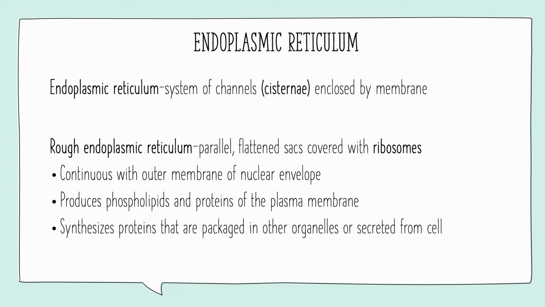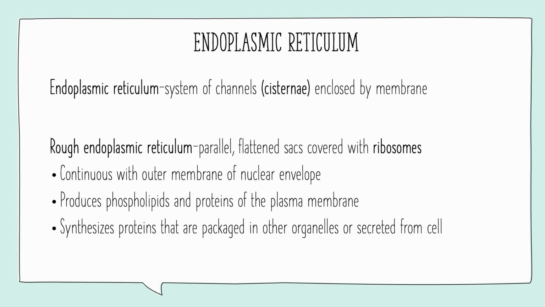However, the rough endoplasmic reticulum is covered with ribosomes. The rough endoplasmic reticulum is attached to the nuclear envelope. If you look at a picture, you see that the rough endoplasmic reticulum kind of swivels right off of the nuclear envelope.